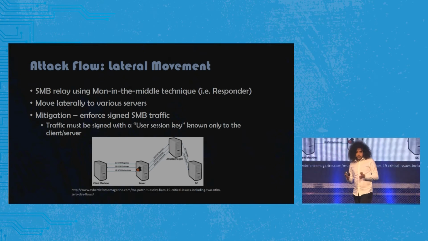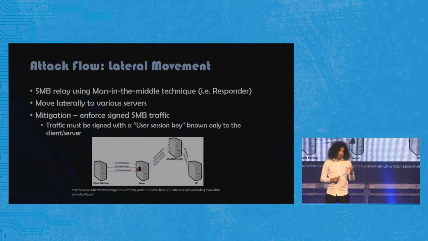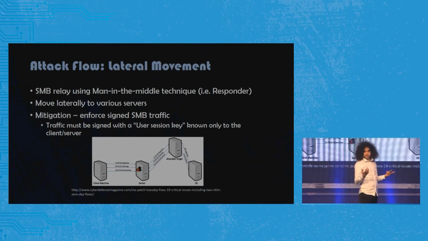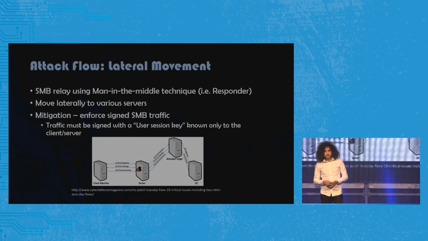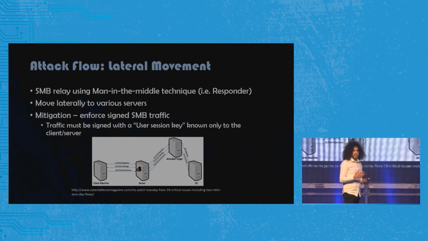The most common technique to do that, without having user credentials, is by using man-in-the-middle techniques or tools, such as Responder. With these tools, the attackers can relay user authentications towards their target servers.